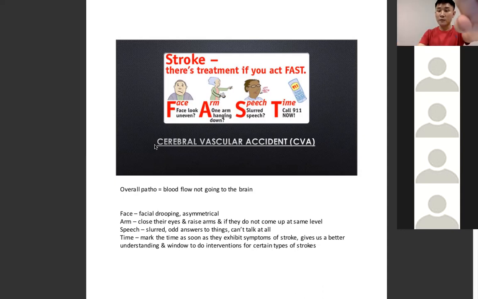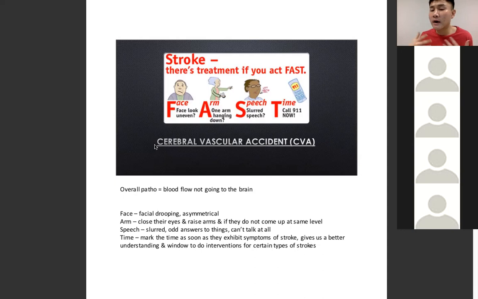If they're able to raise one arm but the other arm they are not able to raise evenly, then we move on to the next step. We assess their speech. Is the speech slurred? Are we understanding what they are saying? And then lastly is time. We note the time when they show the signs and symptoms or experience the stroke, and then we call 911 immediately.